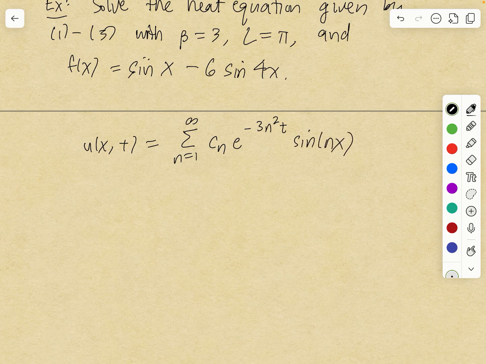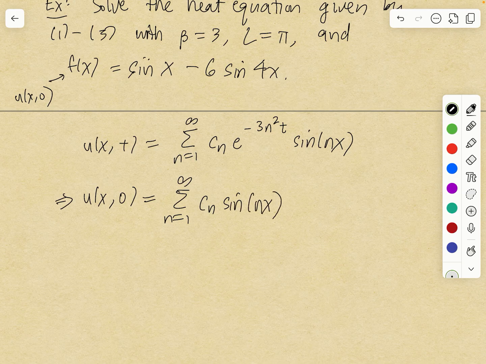And now, remember your f of x is u of x,0. So we're going to substitute t equals 0 into that equation and then figure out what you get. So you're going to get the sum from n equals 1 to infinity, cn e to the 0 is 1, cn sine nx.